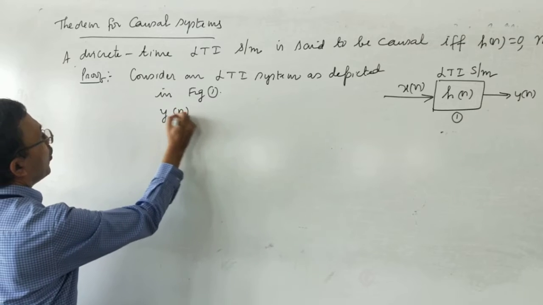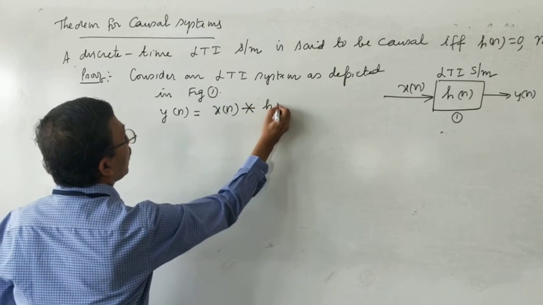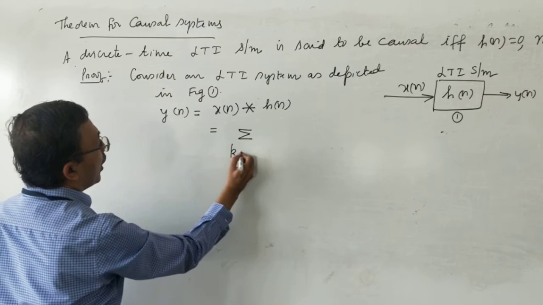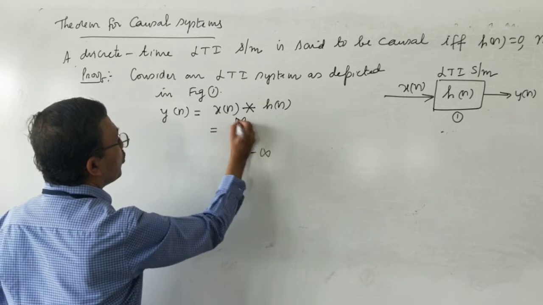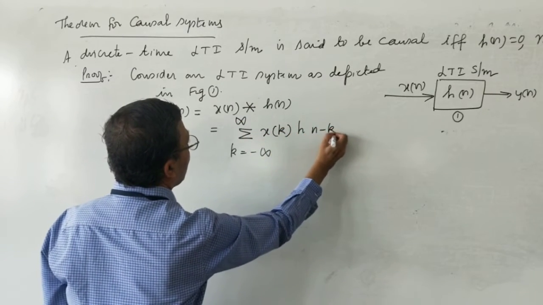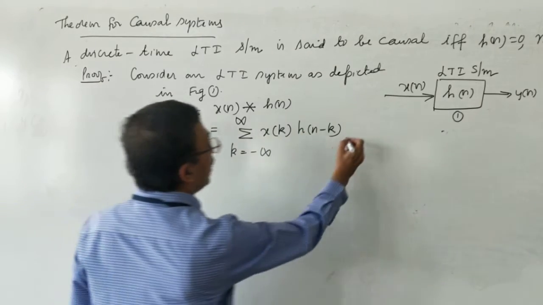Y of n equals x of n convolved with h of n, which equals summation k equals minus infinity to plus infinity x of k into h of n minus k. Now the limits of summation I split in this manner.